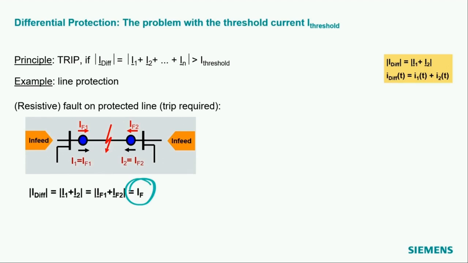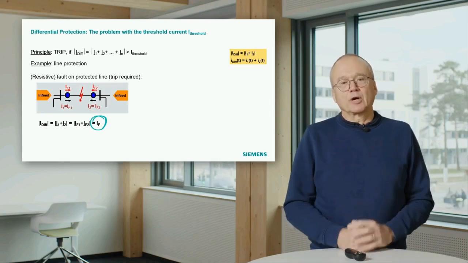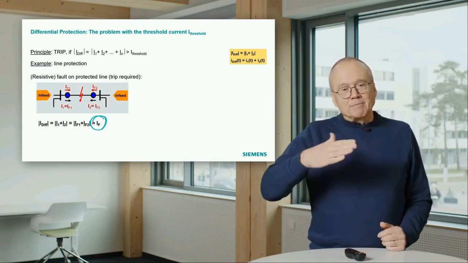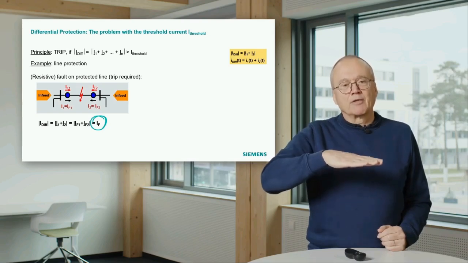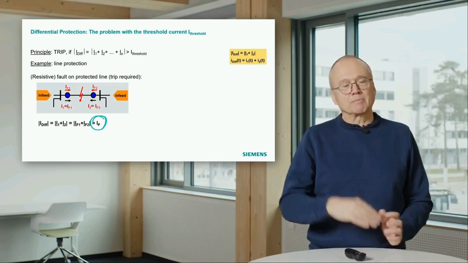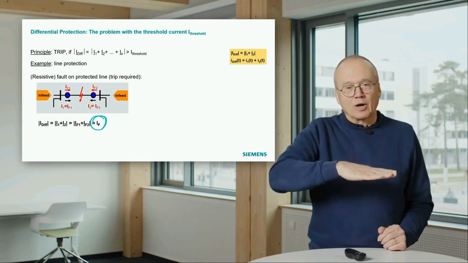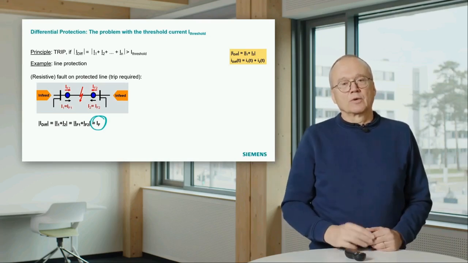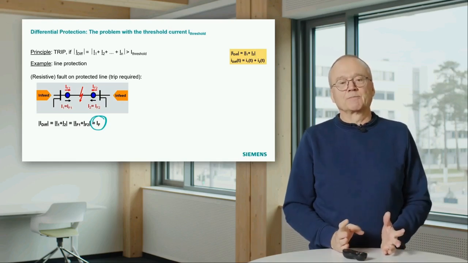And let's assume in this case we have a fault current maybe of 300 or 400 amps. That means our threshold must be lower than the lowest fault current we want to catch. That means if we want to catch a fault of 400 amps, our threshold must be lower than this value of 400 amps.